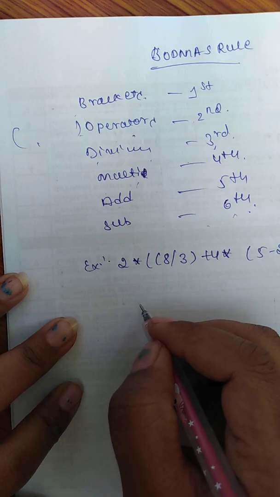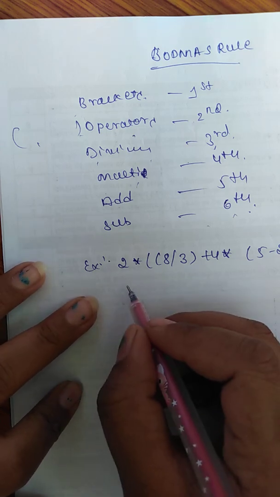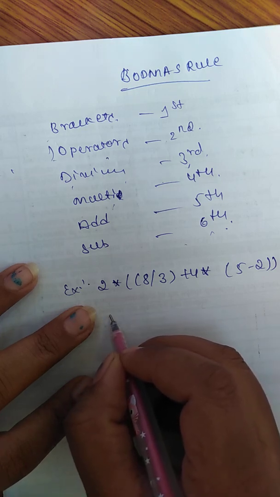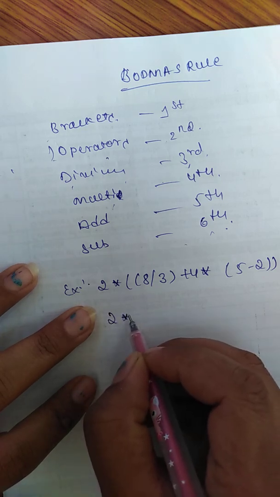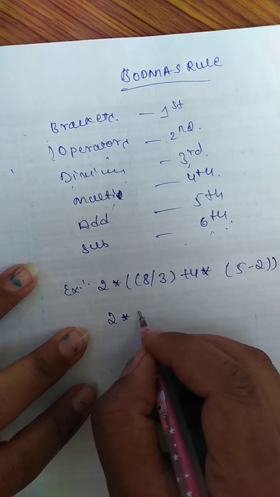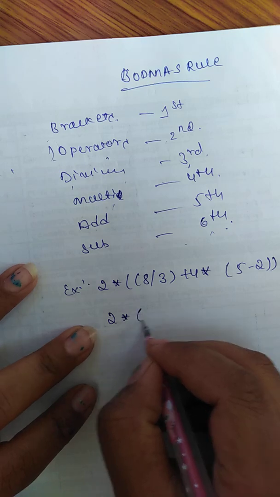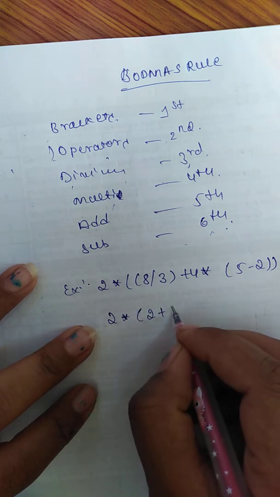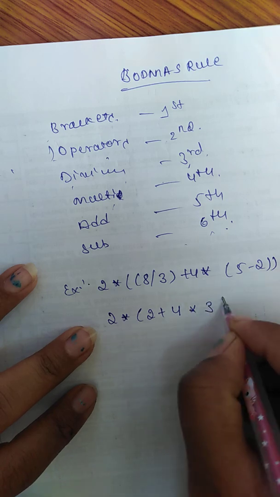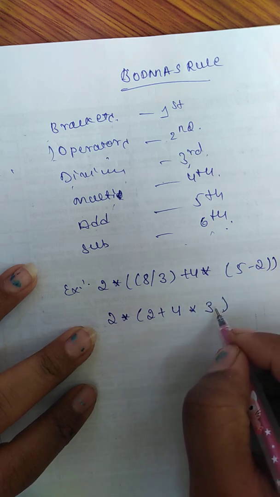How can we take the first value? First we write 2 into 8 divided by 3, then here we represent 2 plus 4 into 5 minus 2. We can represent it here.